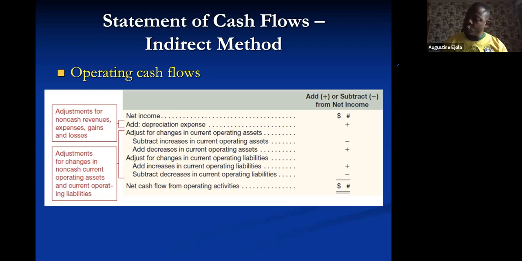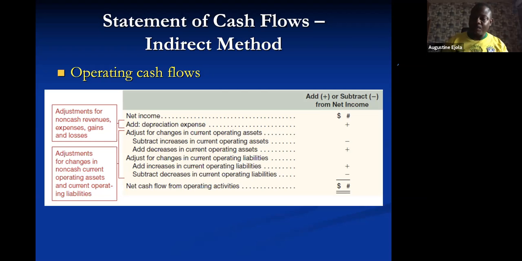Let's assume in 2019, we have a total current asset of 200 million in our balance sheet, and in 2020, a current asset of 250 million. If you check the difference, our current asset has gone up by 50 million.